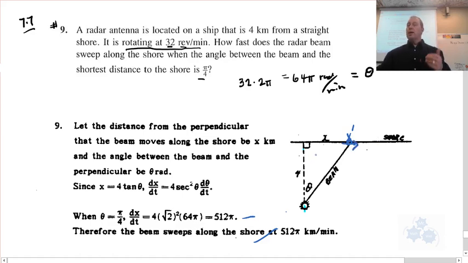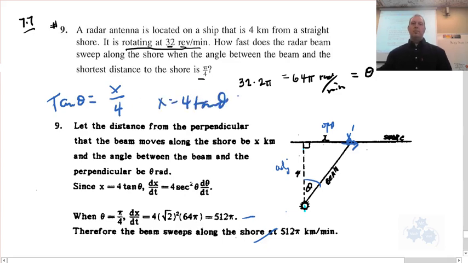Okay, so you've got a right triangle, you've got an angle, you've got opposite side, you've got adjacent side. Okay, so right away, opposite and adjacent should tell you that we've got some kind of tan relationship. So tan of theta equals x over 4, right? Or x equals 4 tan theta.